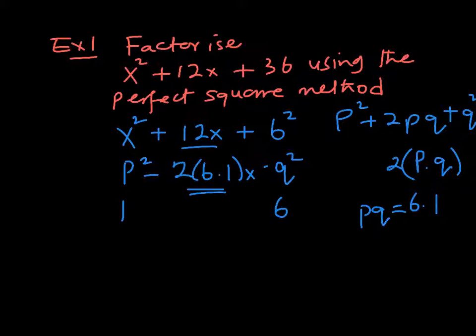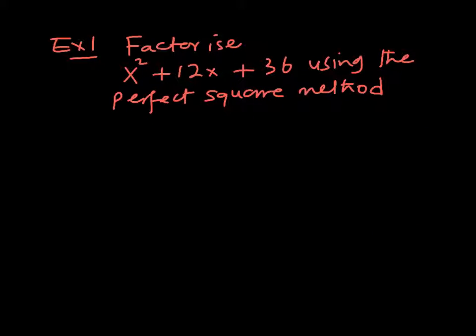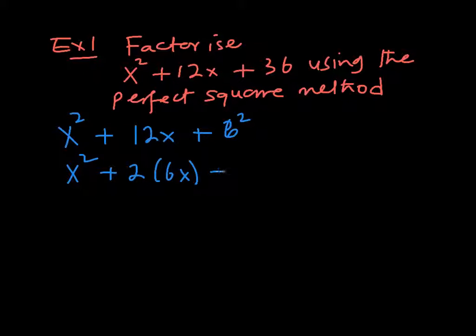So now that we know it's a perfect square, the next thing to do is to try and factorize it. So how do we factorize it? We write it out as x squared plus 12x plus 6 squared. So we'll also write x squared plus 2 into 6x plus 6 squared.